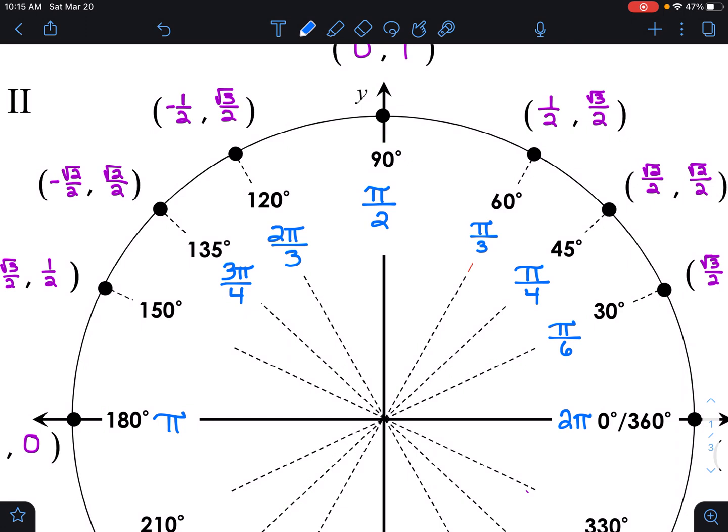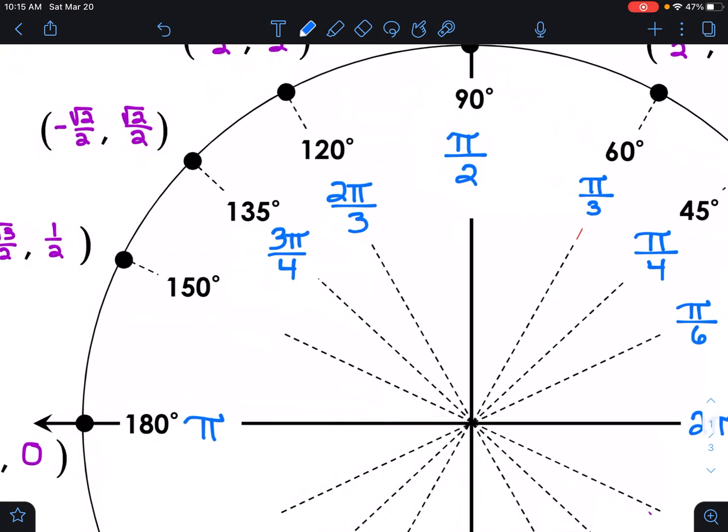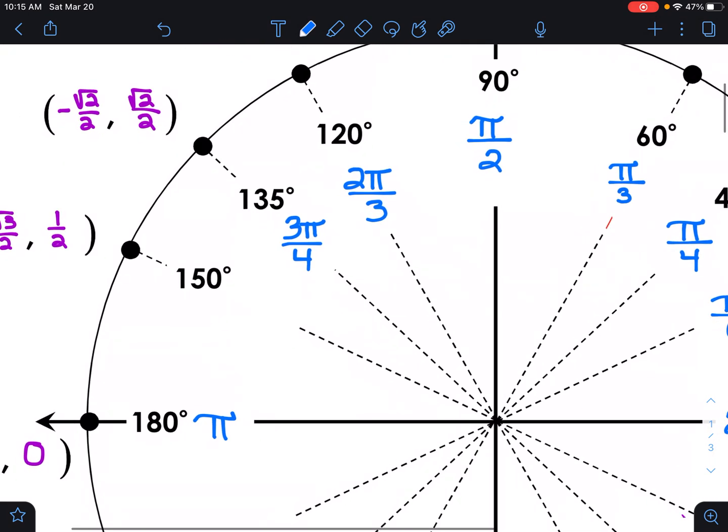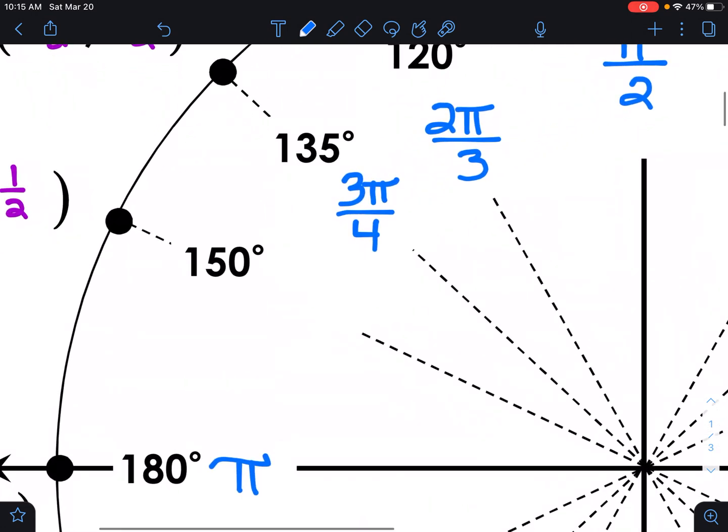So then 60 is 2 pi over 6, or a third. 90 is 3 pi over 6, which is a half. And we can just kind of keep going around, right? You get 3 pi over 6, 4 pi over 6, reduced, 5 pi over 6, then that makes this.